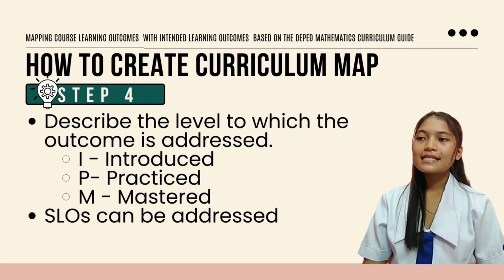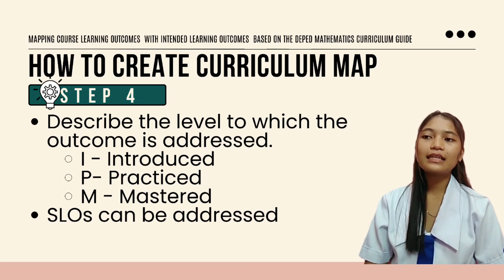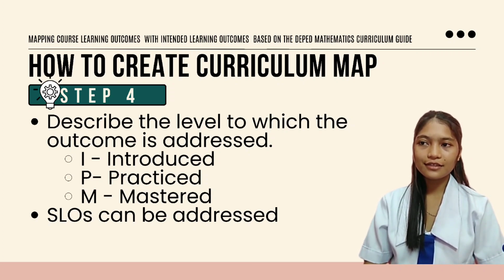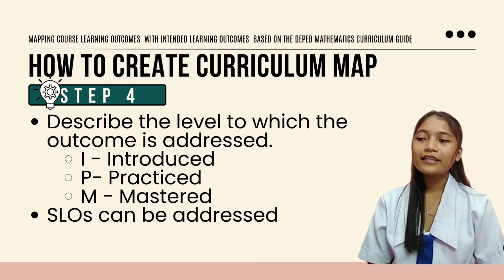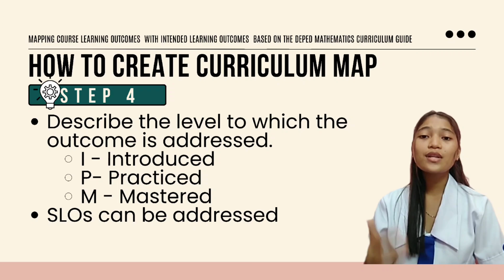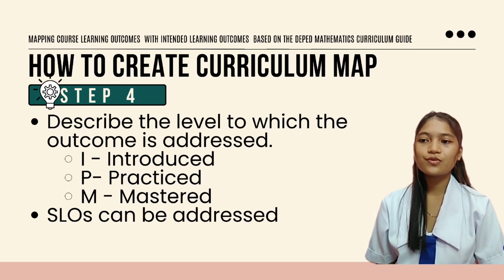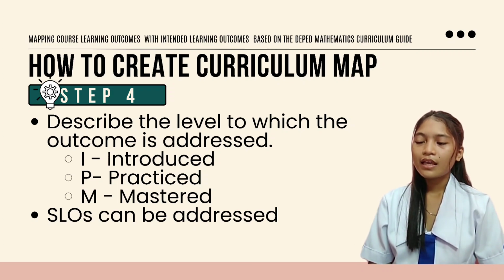So next, step number 4. Step number 4, describe the level to which the outcome is addressed. It may be IPM, or introduced, practice, and mastered. Introduced indicates that the outcome is introduced to the students.